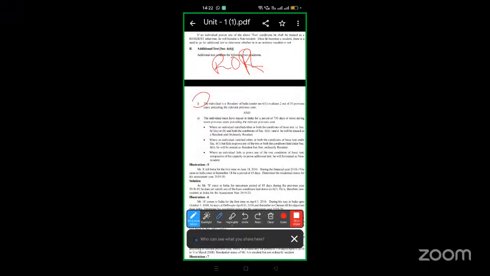Both. In that case, you'll be called as resident but not ordinary resident.